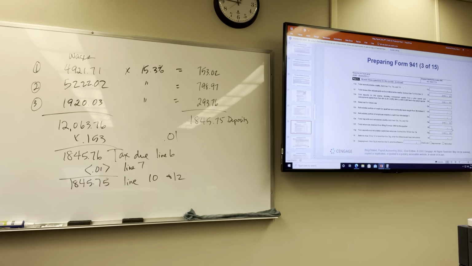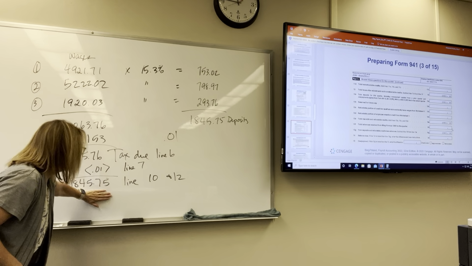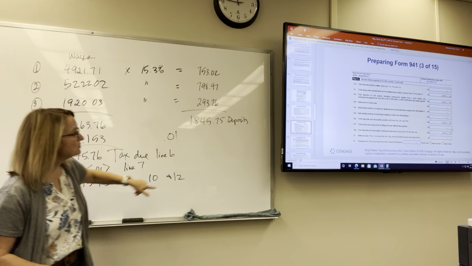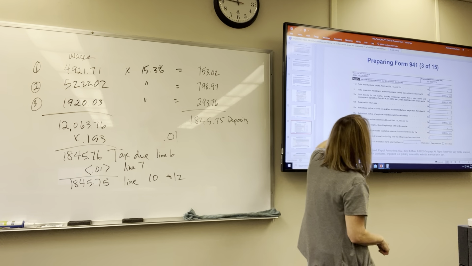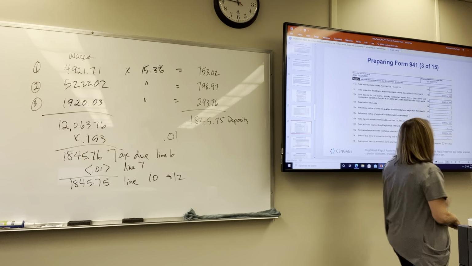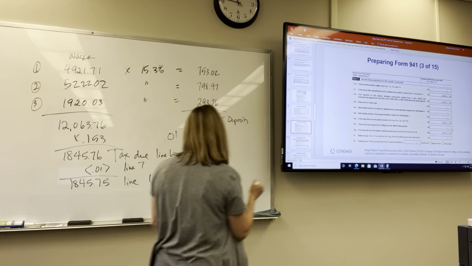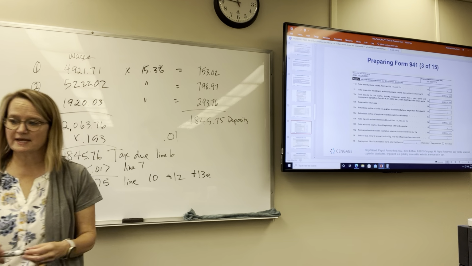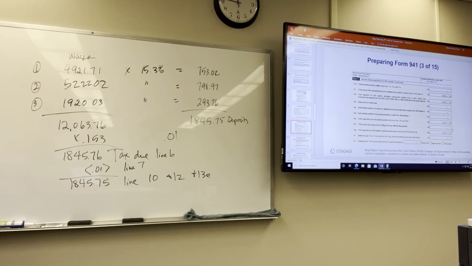Total deposits, so obviously here's our deposits. That should equal this. So our total deposits and refundable credits are going to equal the same amount here. So this is going to be 13E. Those all should be the same. And line 13G as well.